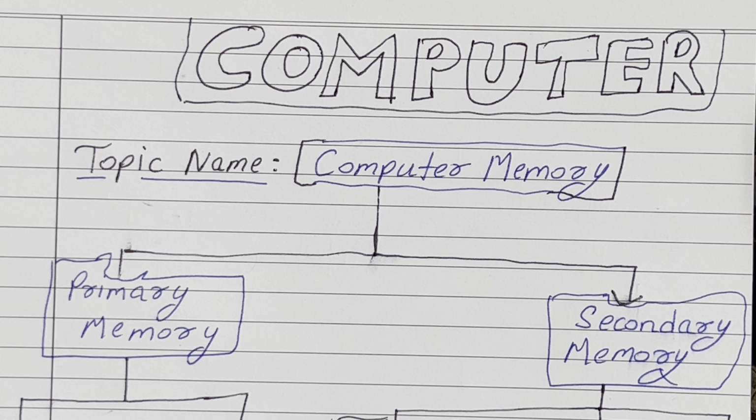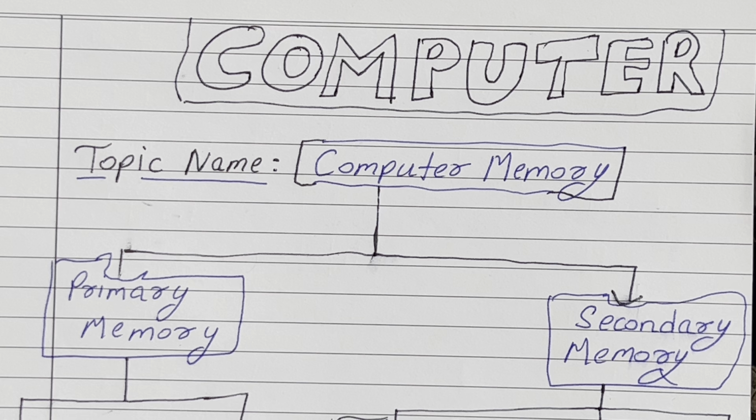Computer memory is one of the most fundamental and indispensable components of a computer system. If we talk about its definition in a simple way, we can say that it is an electronic storage component of a computer system that stores data, instructions, programs, and processing results so that they can be accessed and used by the central processing unit whenever required.